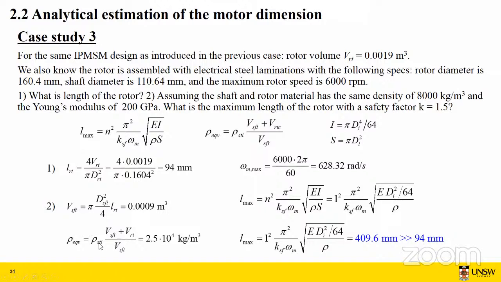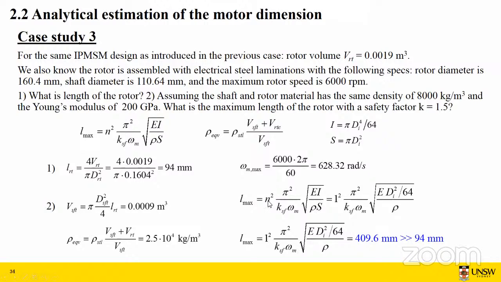To use this equation, we only need to calculate the volume of the shaft because we already know the volume of the rotor. And the equivalent mass density of the shaft will be 2.5 times 10 to the power 4 kilogram per cubic meter. Then we need to calculate the maximum speed in radian per second. Substitute all these values into this equation.